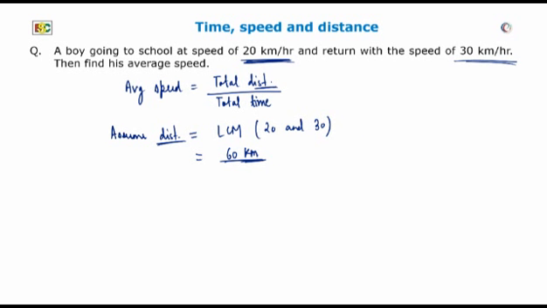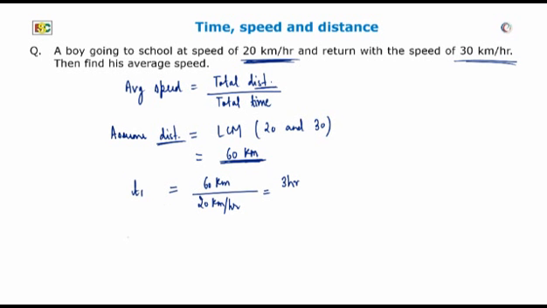Now, let T1 be the time taken by the boy while going to the school, and that will be equal to distance, that is 60 km, upon speed, that is 20 km per hour, and this will be equal to 3 hours.